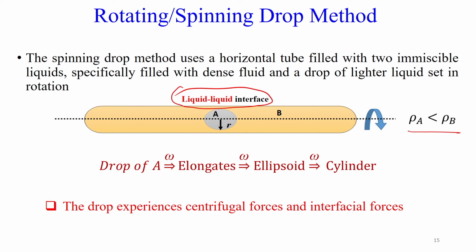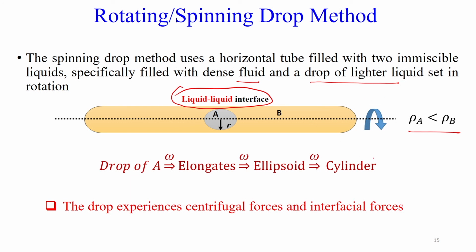The density of B is higher than the density of A, which means this is filled with the dense fluid and a drop of lighter liquid is put here or inserted here, then we rotate it.